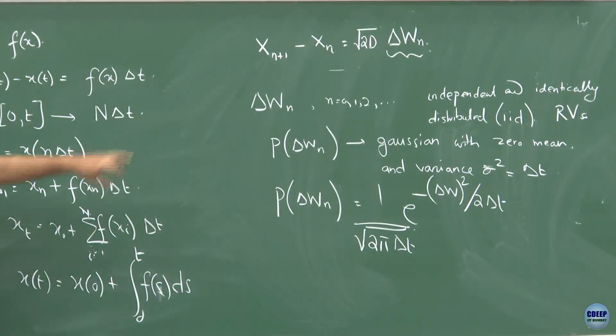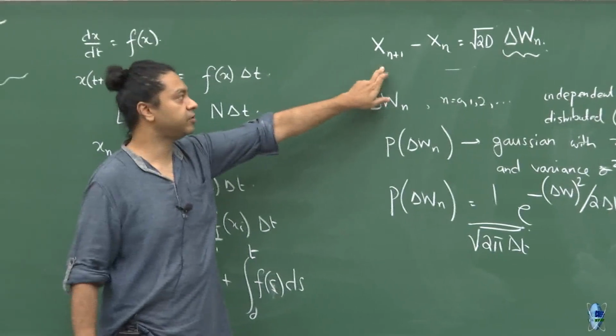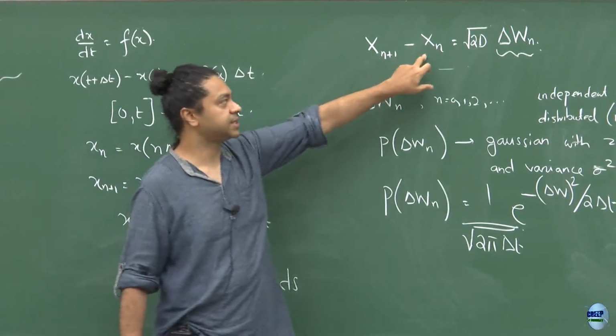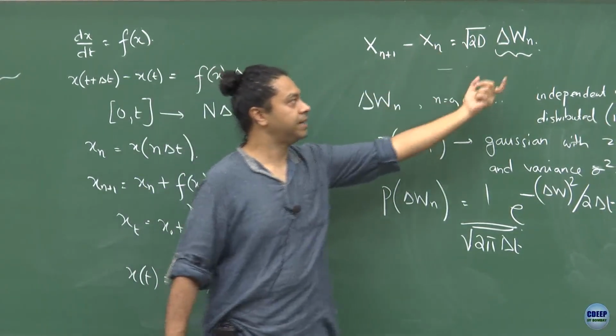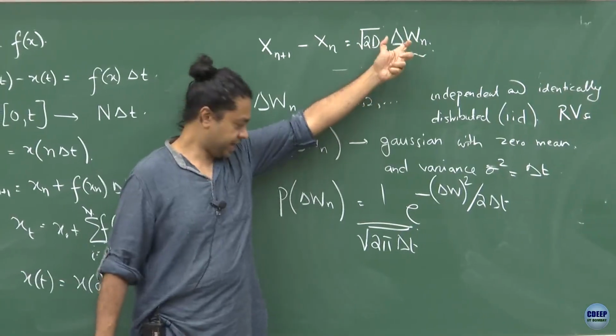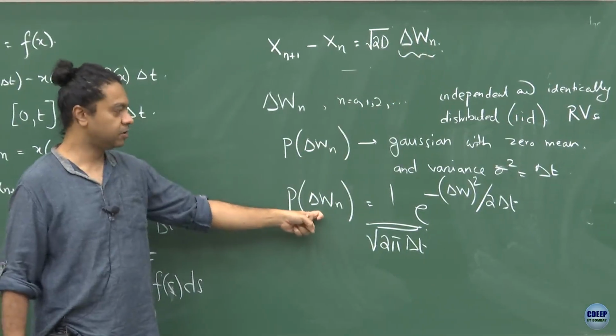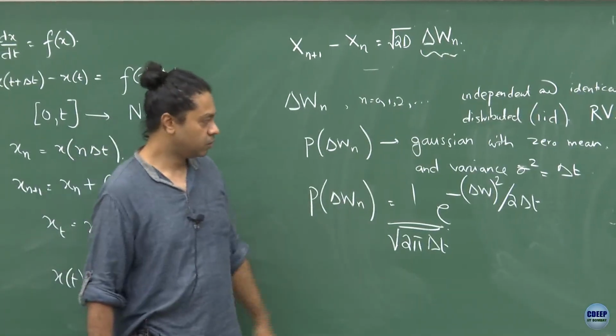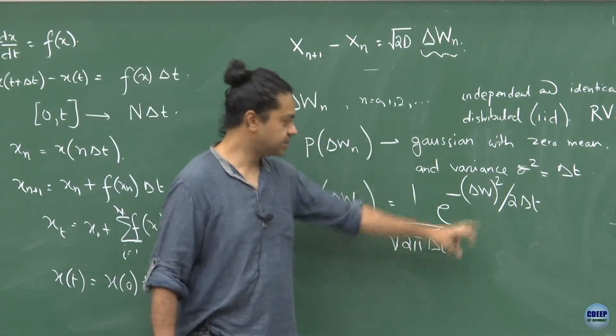So, I evolve my positions according to this difference equation, that x of n plus 1 minus x n is square root 2d times this random variable, which is a Gaussian with variance delta t and 0 mean.